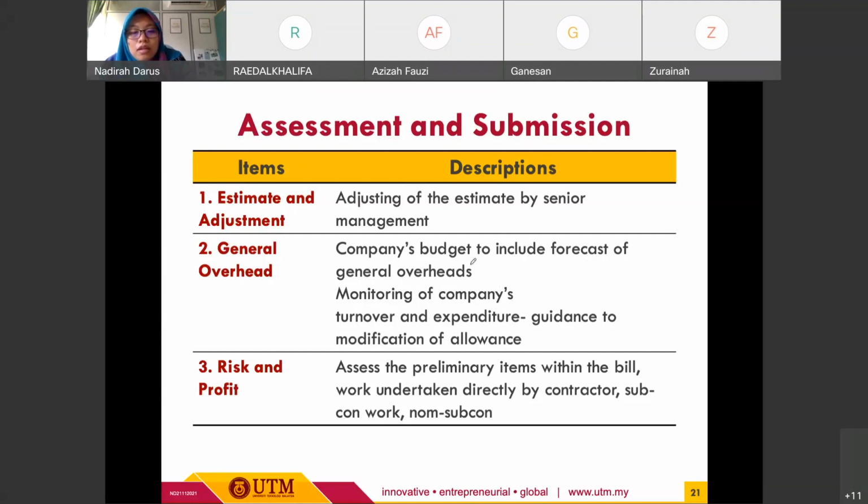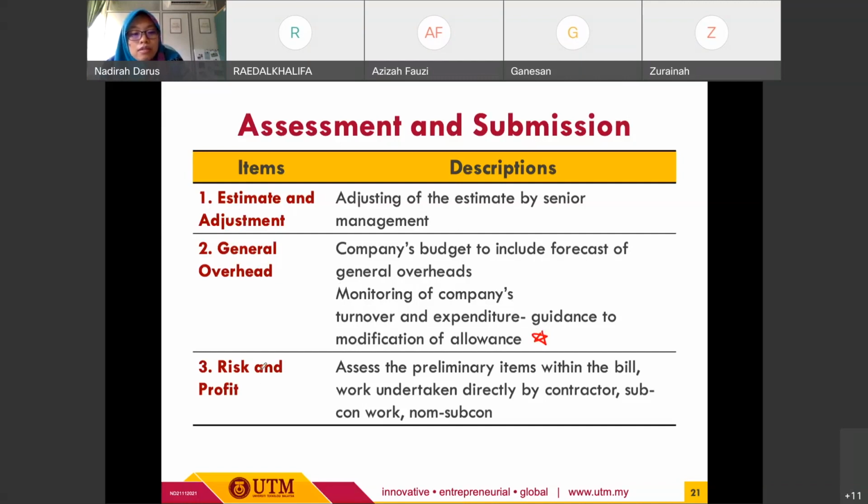As part of the assessment, they will monitor the company's turnover and expenditure, in order to guide any modification of the allowance. So that's why they carry out the assessment on this general overhead.